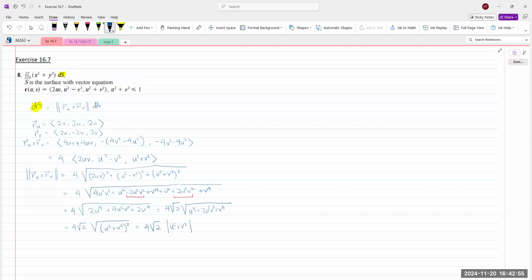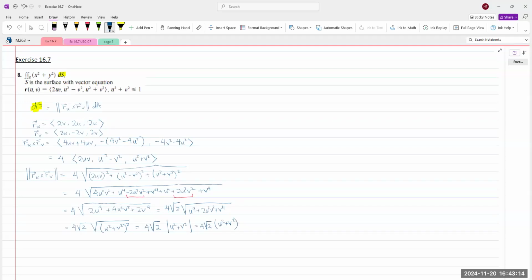Well, but u squared plus v squared is always non-negative anyway, right? So I can just omit the absolute value sign. Okay, that's just the magnitude.